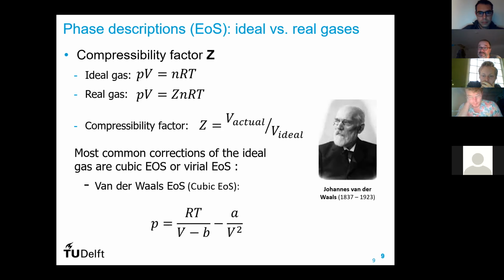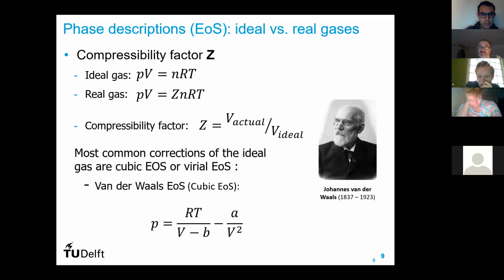So more or less, he suggested this equation of state that connects the volume of real gases with pressure and temperature. Here he introduced these two parameters, A and B. One is attractive forces and another is repulsive forces.